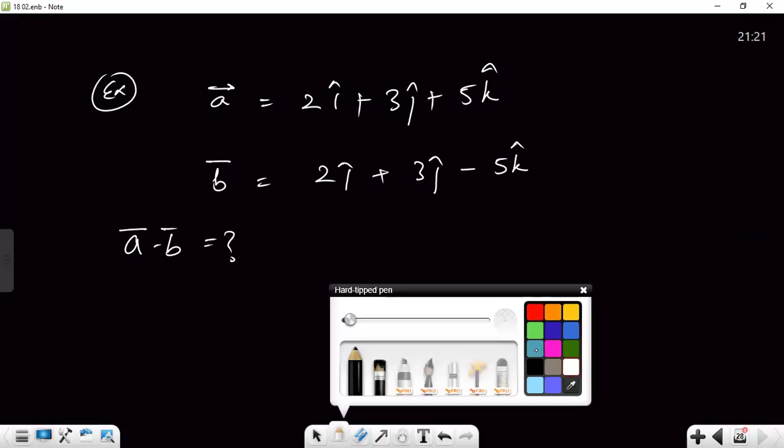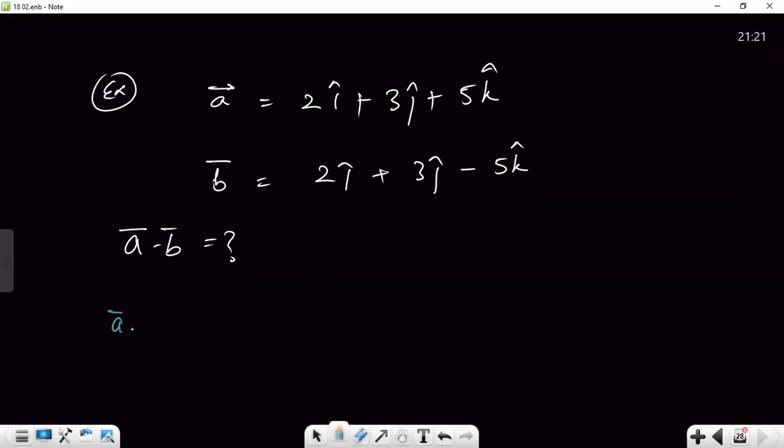Let's do the solution. A dot B is simply A vector's magnitude times B vector's magnitude times cosine of theta. I forgot, theta is 180 degrees.